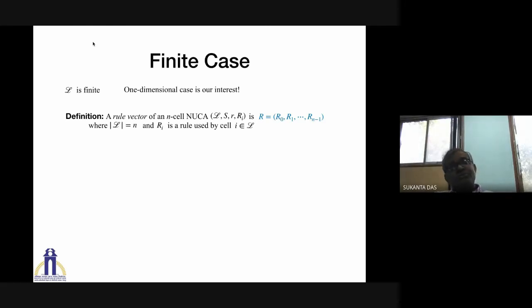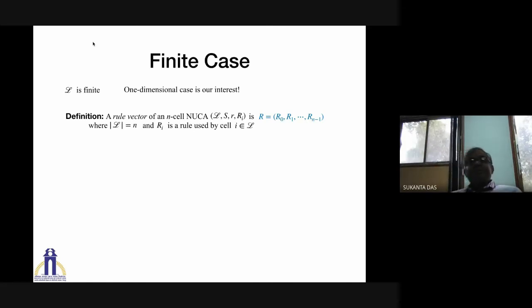Although there are some works, even we have some work on non-uniform CA for two-dimensional, but these are the rare ones, right? So in this course also, we shall mainly concentrate on the one-dimensional case.